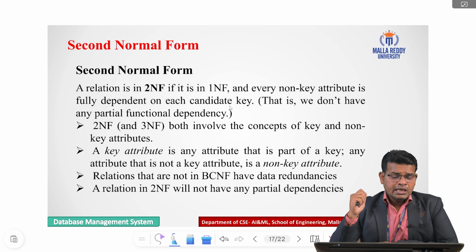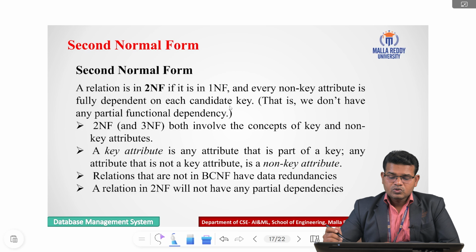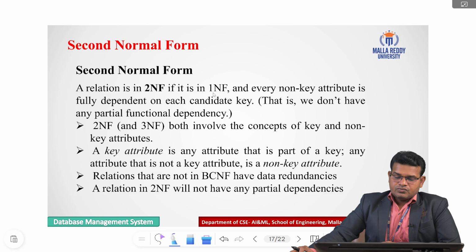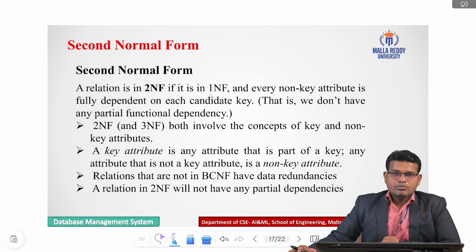Now, for the second normal form, what is the requirement? A relation is in 2NF if it is in first normal form, the first primary condition, because as we discussed in the diagram, in order to achieve some higher normal form, by default it should achieve the lower normal form first. So, if a relation has already achieved first normal form, then we can go with the second normal form.